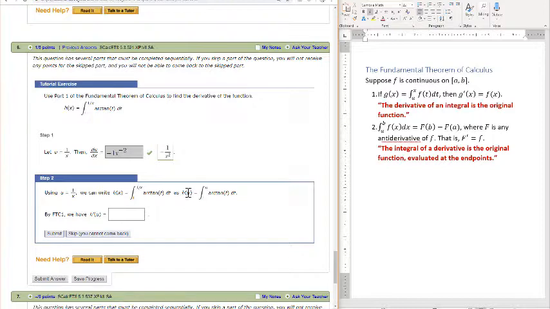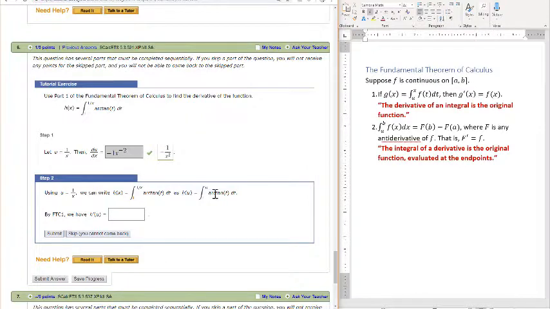Now we're doing a u-substitution here, so your derivative is going to include the chain rule. Without the chain rule, we're just looking at h prime of u.